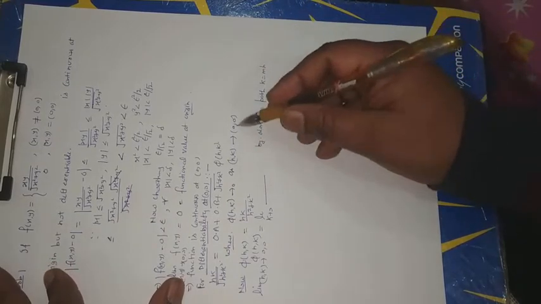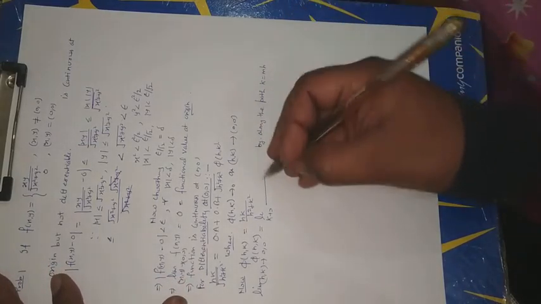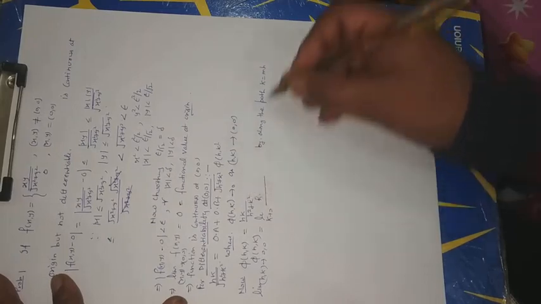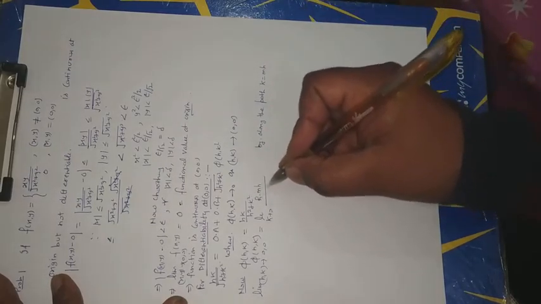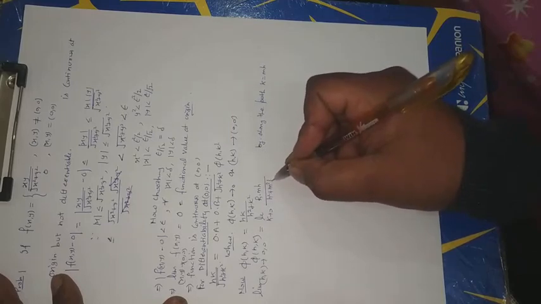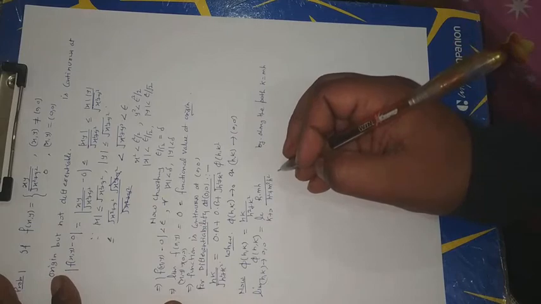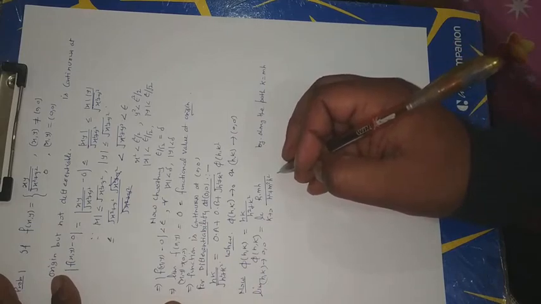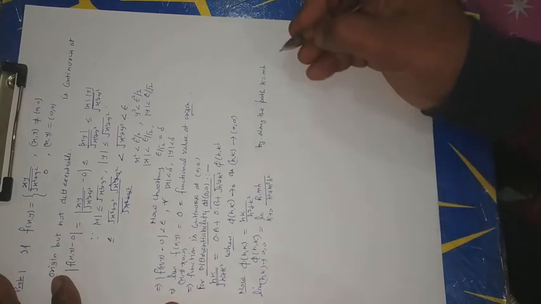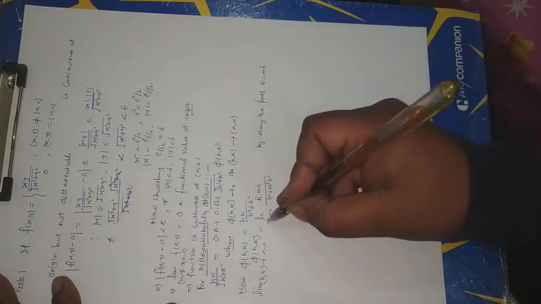That is, (h,k) tending to (0,0) implies that k tends to 0. Now putting k equal to mh: mh square upon h square plus m square h square, where h tends to 0.